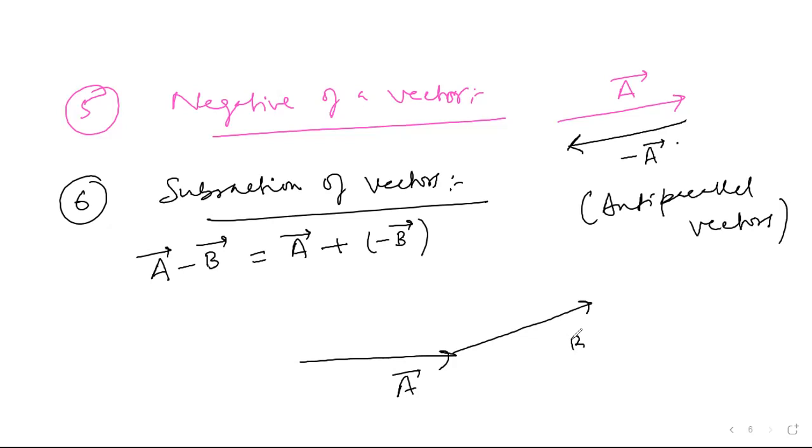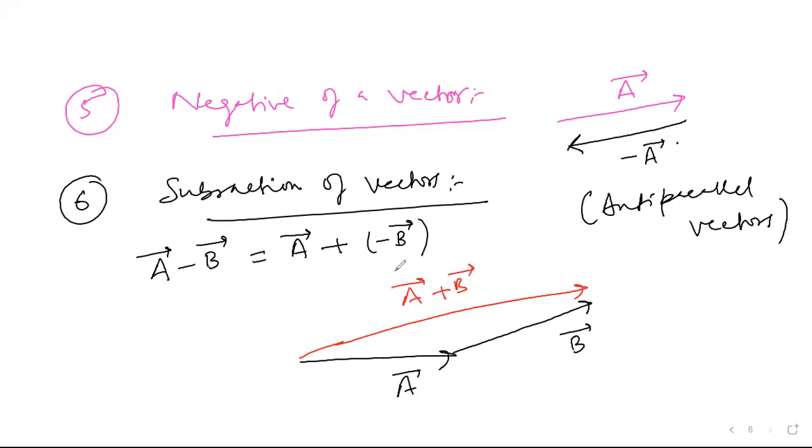Understand it from this figure. If this is A, this is B. If I am interested to find A plus B, then this is my A plus B from triangle law. Now, how to find A minus B?